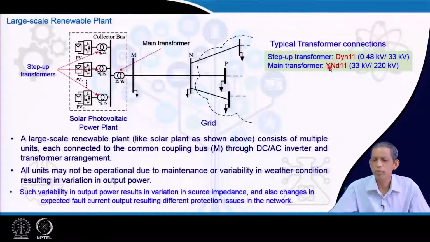A typical example will be having 0.48 kV to 33 kV at first level and from 33 kV to 220 kV or 400 kV at the next level.